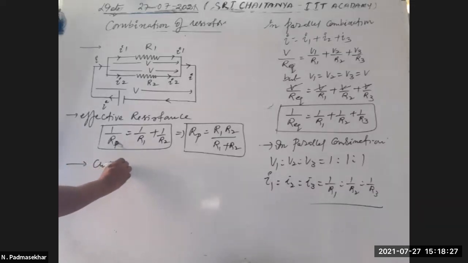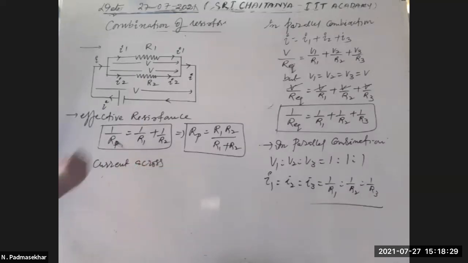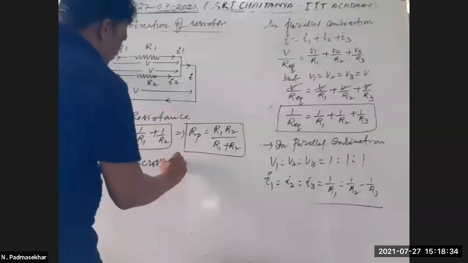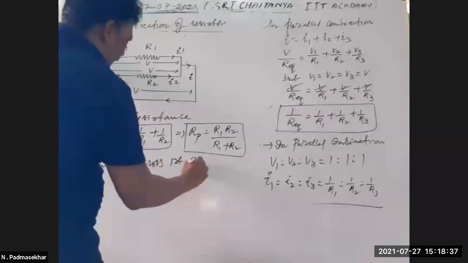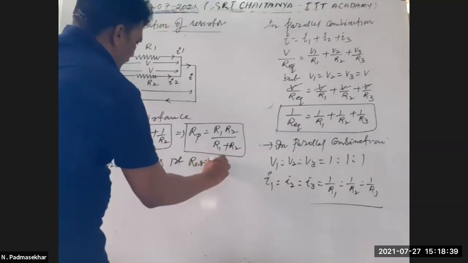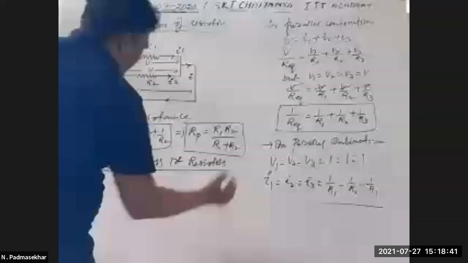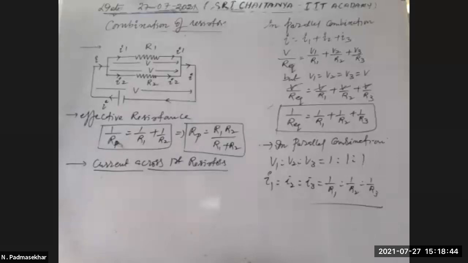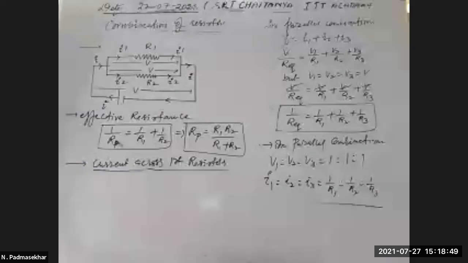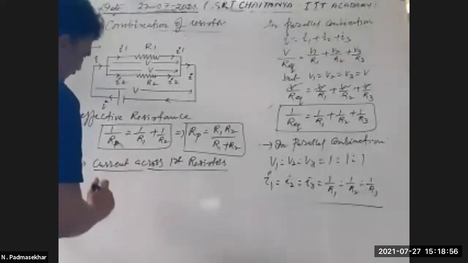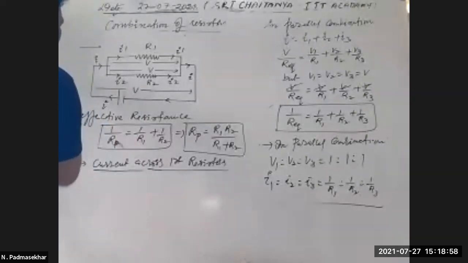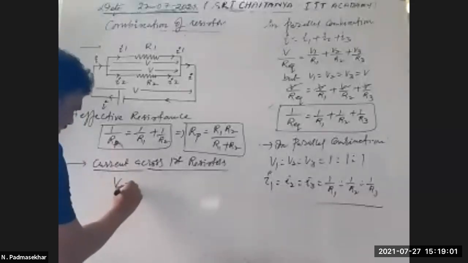Current across the first resistor. So what is the current across the first resistor? See, what is constant here?